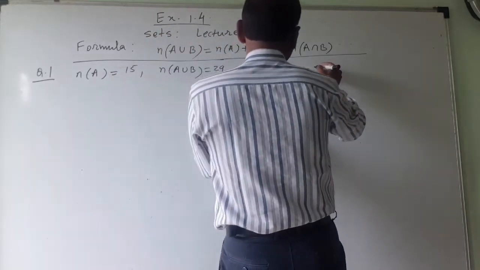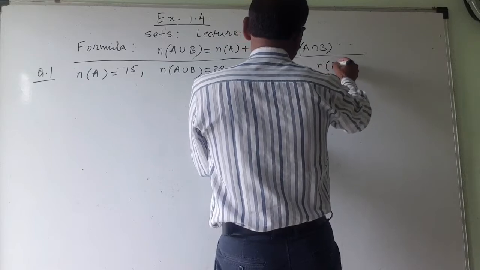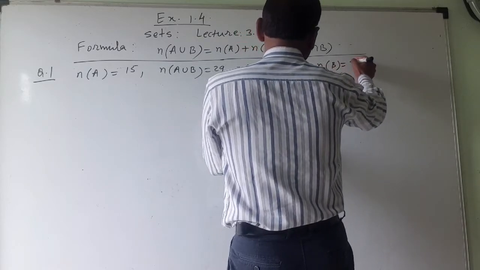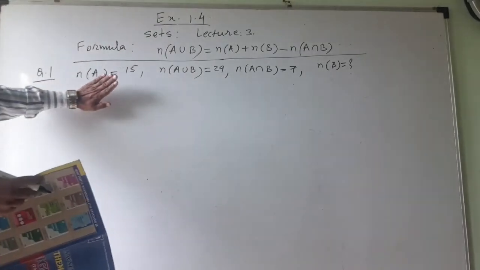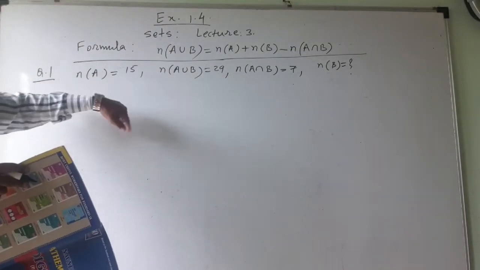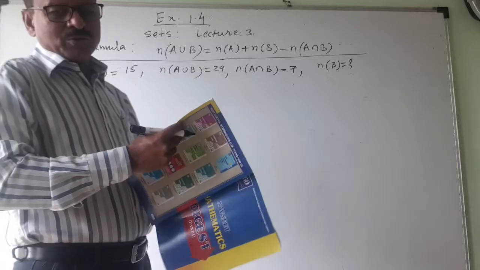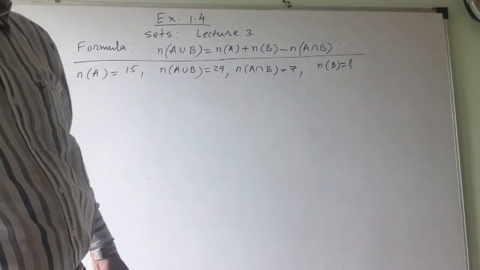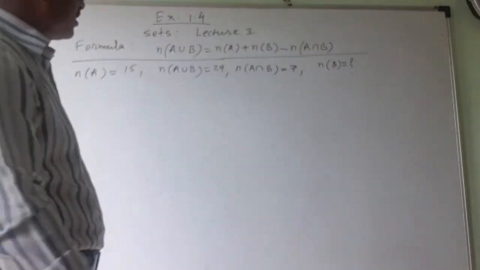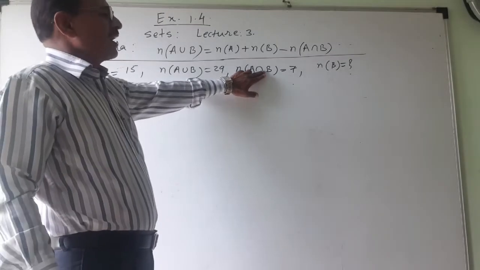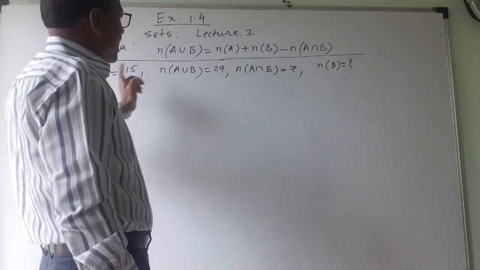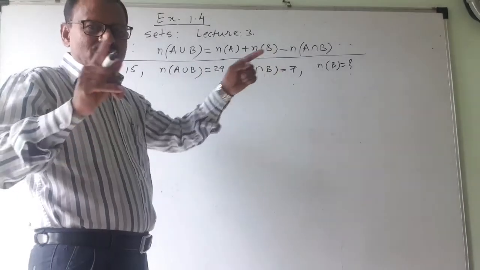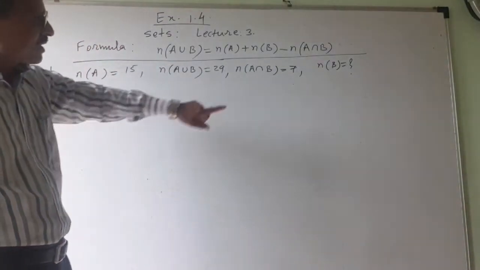Then n of B equal to question mark. Means number of the elements in set B. Number of the elements in set A is this. In union means both of them together. When we are taking them together, the common elements we are taking only once. And these common elements between A and B are how many? 7 are common elements. That is the meaning of intersection.